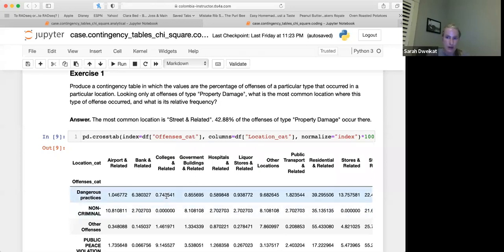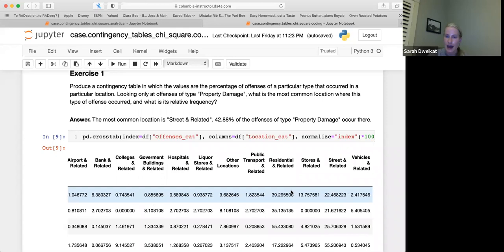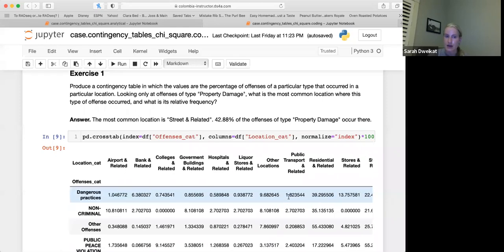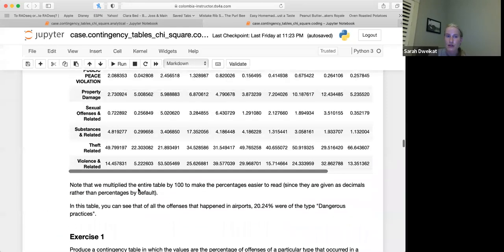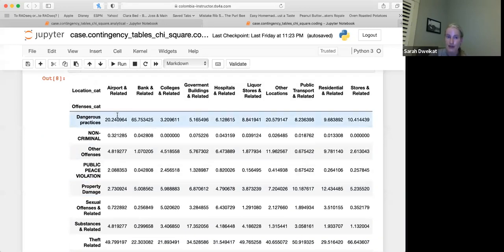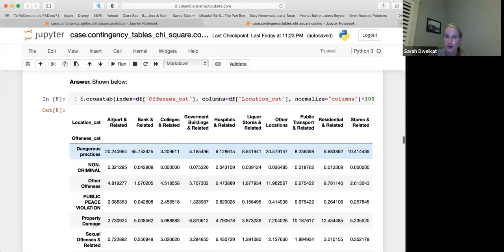The dangerous practices that occurred in airport and related were 1% of all of the dangerous practices crimes that occurred. Most of them happened at a residence or related, right? So that's different. Here, when we looked at all the airport crimes that happened, actually 20% of them were dangerous practices when we normalized based off of column.